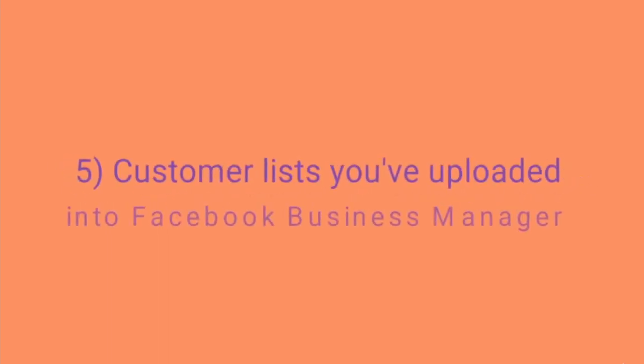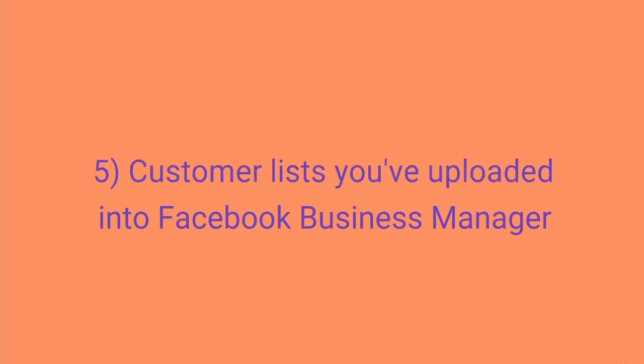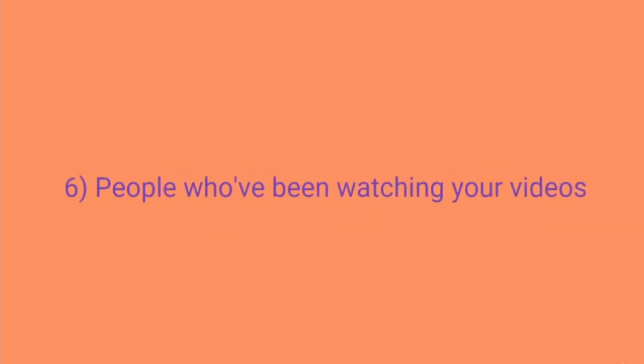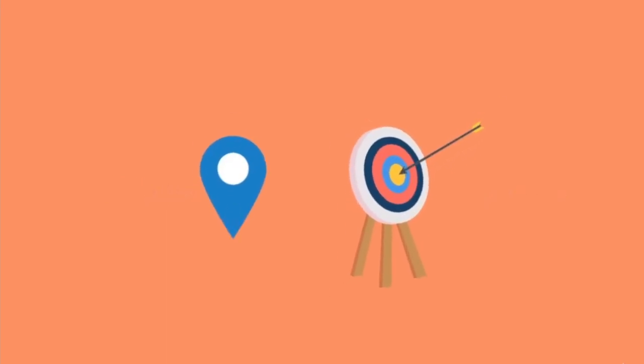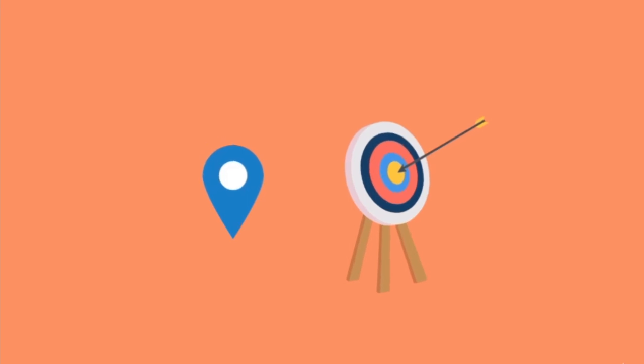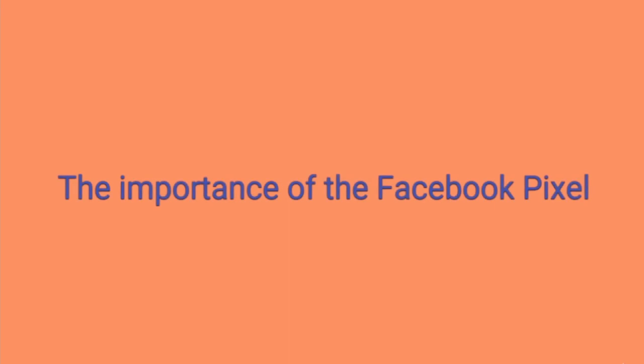Customer lists you've uploaded into Facebook Business Manager. 6. People who've been watching your videos. You can boost your targeting and retargeting results by using localized audiences to create an identical target pool of people, highly similar to the ones who've already been engaging with your brand on Facebook or who have made a purchase or visited your website.